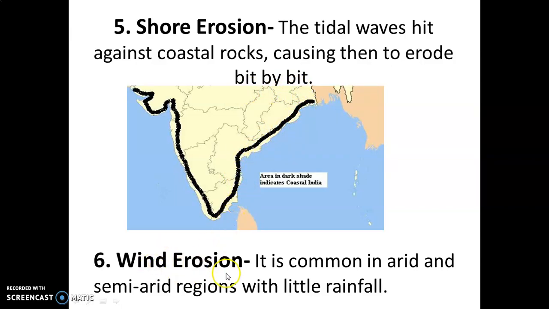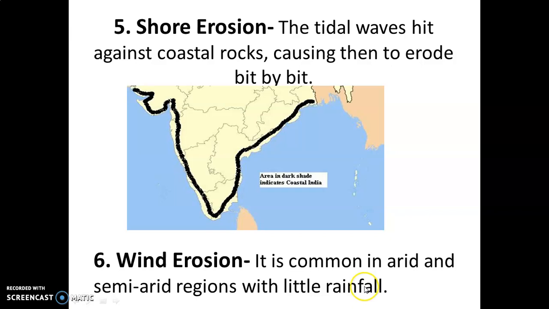Next is wind erosion. As you all know, wind erosion is very common in arid, means dry areas. We can take one example of Thar Desert in India. In Thar Desert, the rainfall is very less. Vegetation, plants and trees are very less. So that area is totally dry with little rainfall.